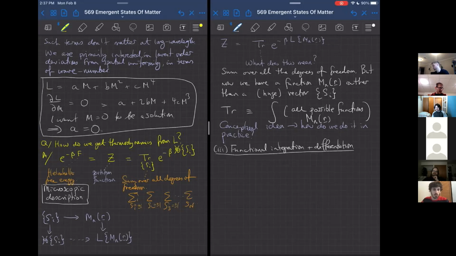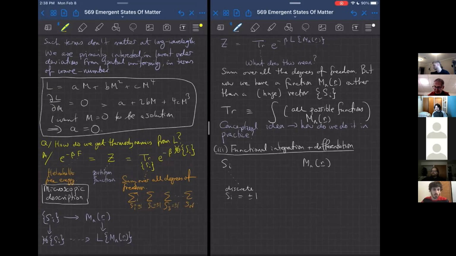Good question. Okay, so let's talk about our two levels of description. So we have the variables SI, and then we have the variables m lambda of r, and they have multiple differences. So the first thing is that this variable is discrete, meaning that SI can have values plus or minus 1.